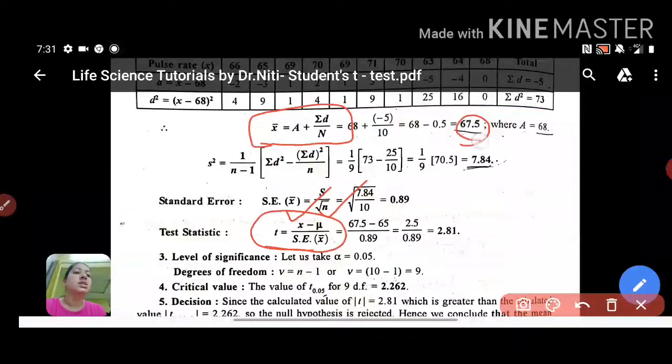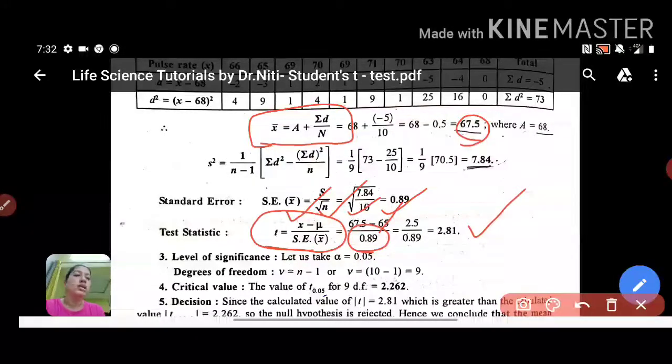So it has come 67.5. So sample mean minus population mean divided by standard error of difference between mean, you will get the t value. Okay, this is the calculated t value.